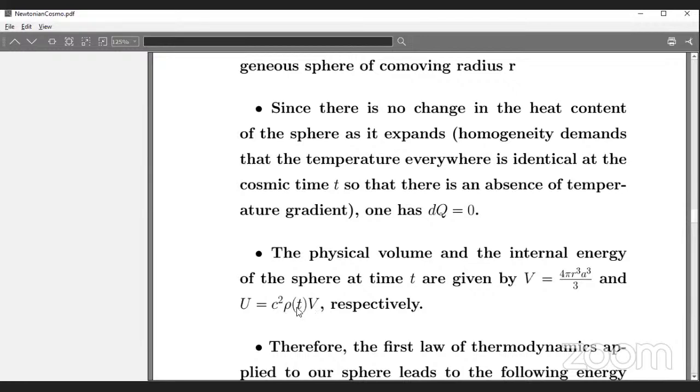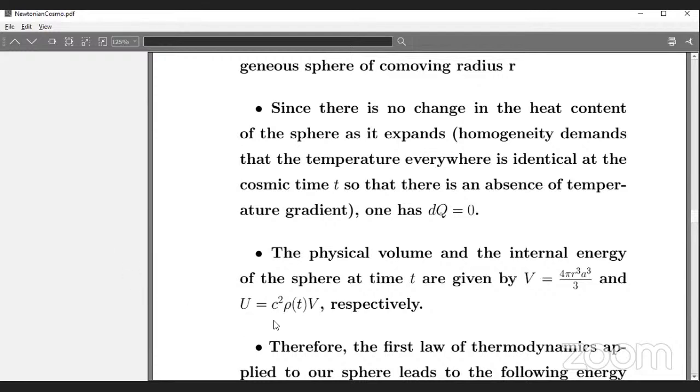The mass density is rho, and because of Einstein's mass-energy equivalence, special relativity says that anything that has mass m has energy mc squared, or anything that has energy E has mass E by c squared.